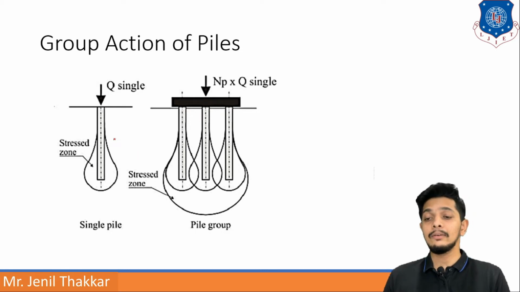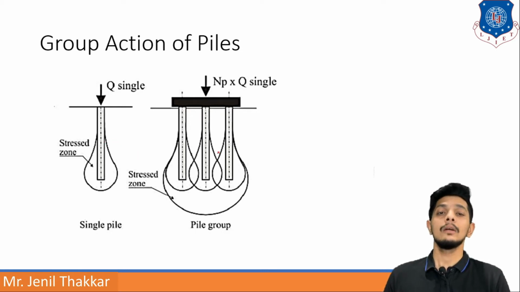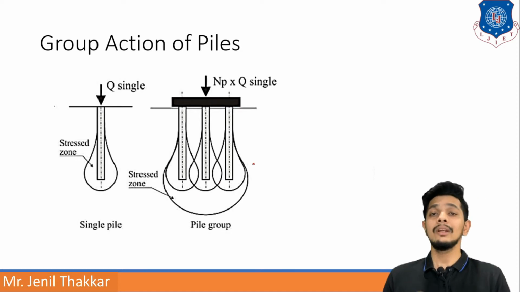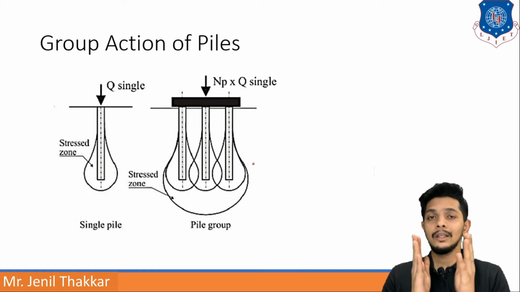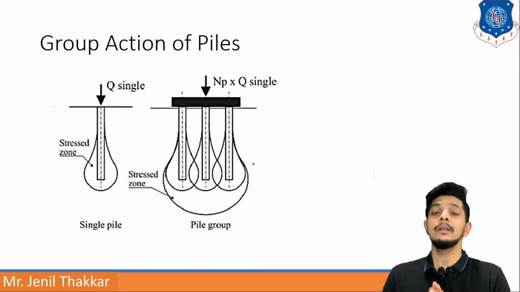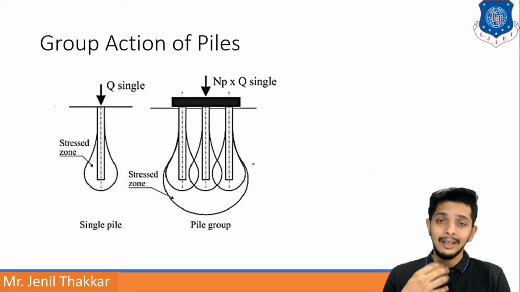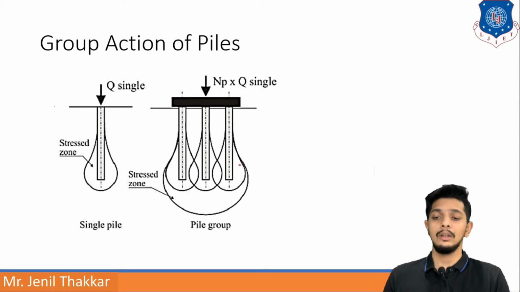In the same way, if 3 piles are there, all 3 individual zones will be like this. But when we group the piles and they act as a group, it will have a larger zone. Here you can see a larger zone, and it will act as a single pile, but as there are more piles, it will have a larger capacity than the sum of individual piles.